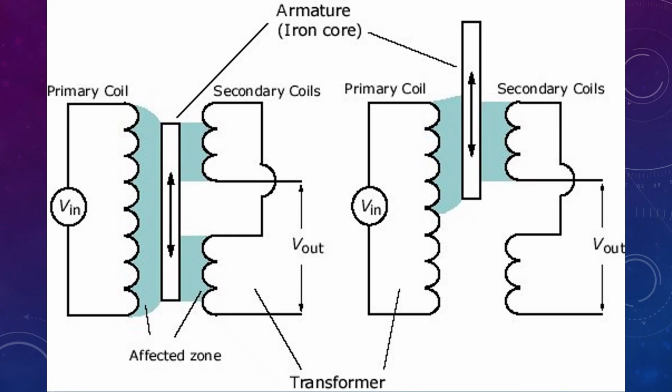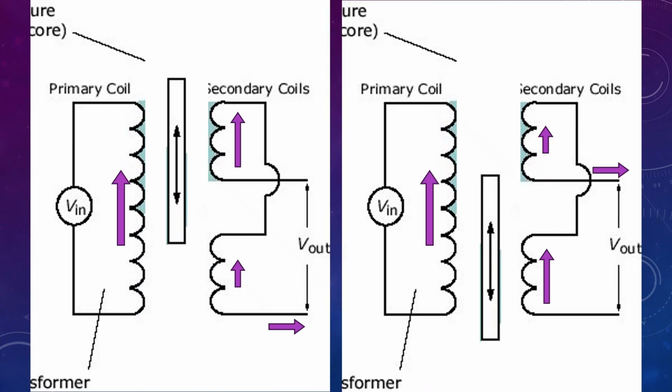Here it shows how it works: when the soft iron core is on the upside, the first secondary coil has a higher received magnetic field, and it will generate a larger current or voltage, and then the downside secondary coil will have a smaller voltage.